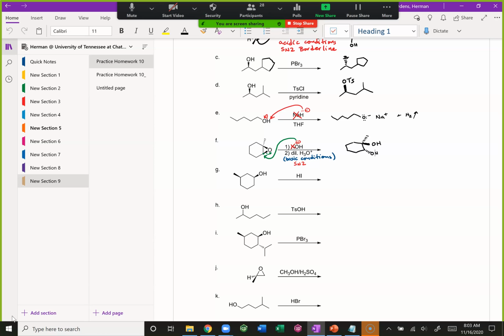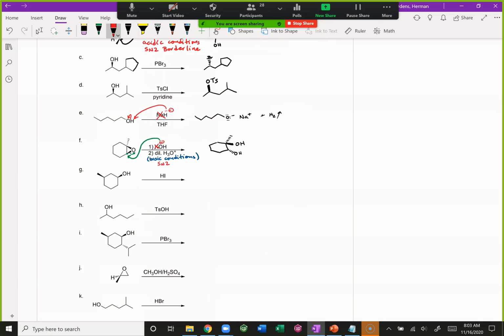We have the addition of acid to a secondary alcohol. So what kind of reaction type is that?